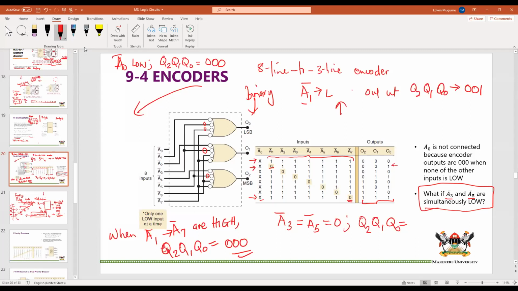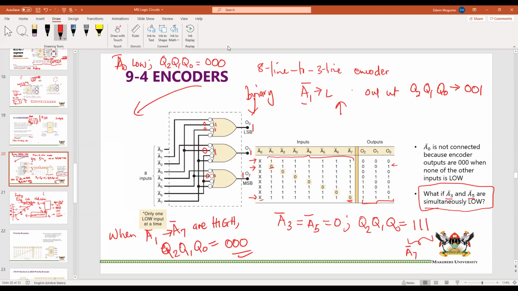Now we can see that after the bubbles, we'll have 1, 1 here, which gives us a high. After the bubble, we have a 1 here. For the OR gate, we get a high. And after the bubble here, we get a 1, which gives us a high. Now, that means Q2, Q1, Q0 is equal to 1, 1, 1. Unfortunately, as we know, 1, 1, 1 is the code for A7.